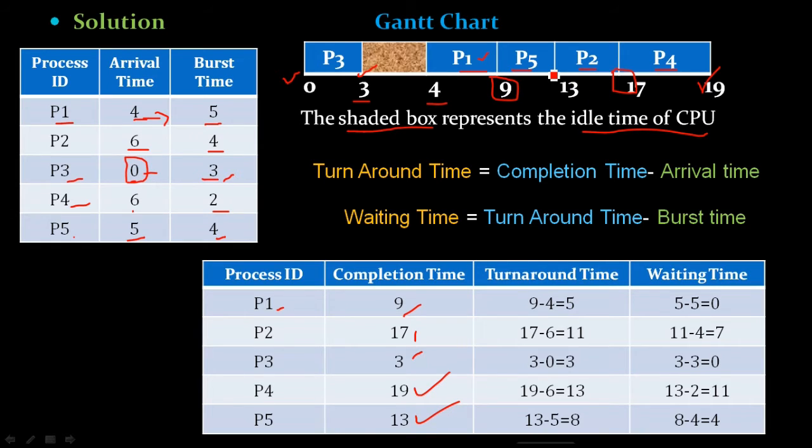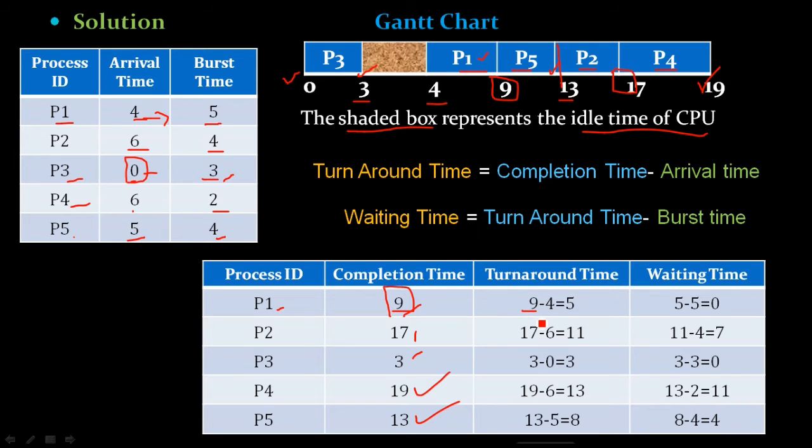Now how to calculate the turnaround time? As the formula says, completion time minus arrival time. The completion time of P1, we already have this value, so we take the completion time as 9 minus the arrival time. What is the arrival time? This is the arrival time, 4.